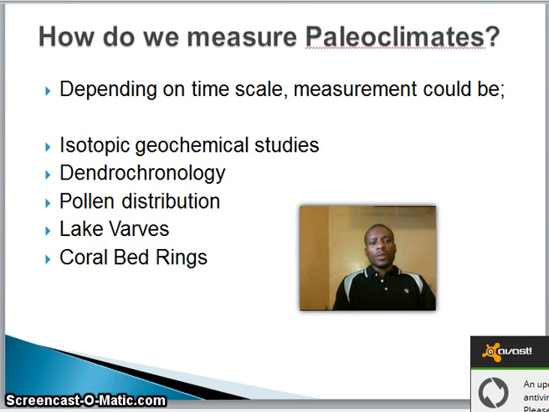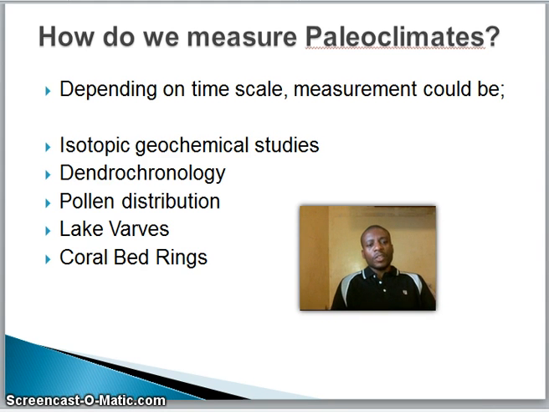So how do we measure paleoclimates? Depending on the time scale, paleoclimates can be measured in various forms. As we know, instrumentation for measuring the weather has only existed for the past 180 years or so. So the Earth's climate for the past 4.6 billion years has not been measured with instruments, and therefore we had to look for indirect means to get clues about what the Earth's climate was at the time.